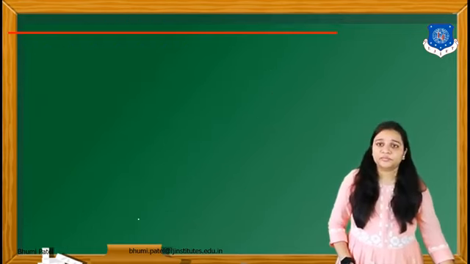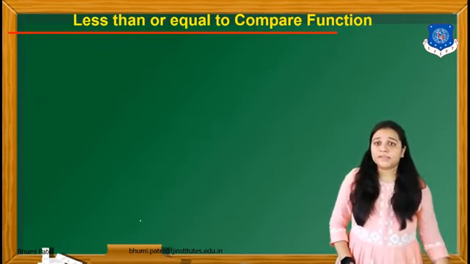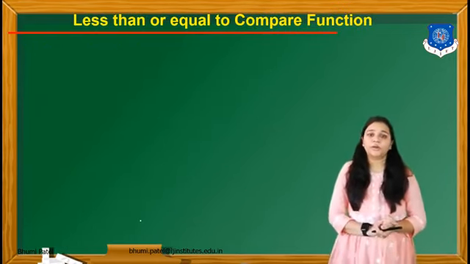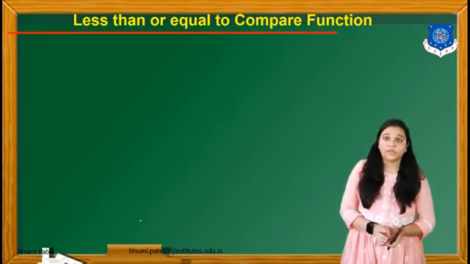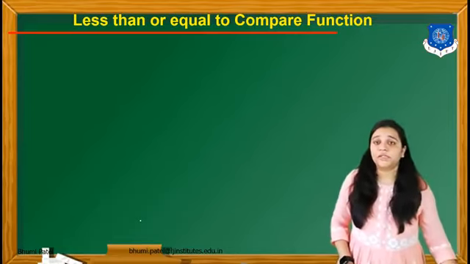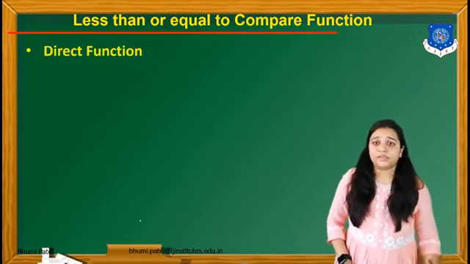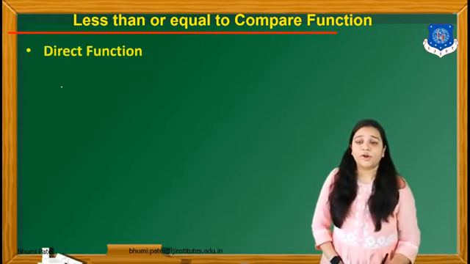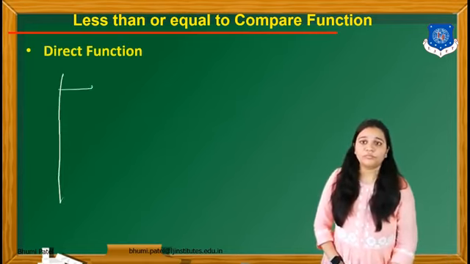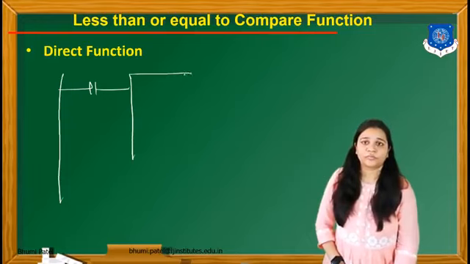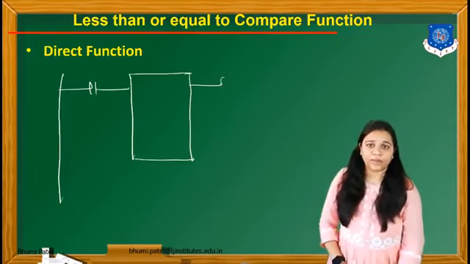Next one is the less than or equal to compare function. So what is the direct function of the less than or equal to? For that, we have to take one input, one block format and one output.